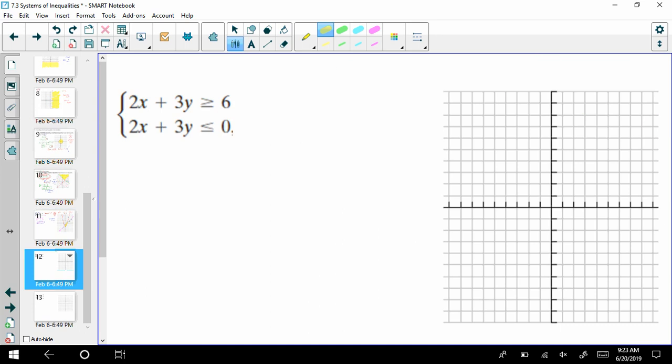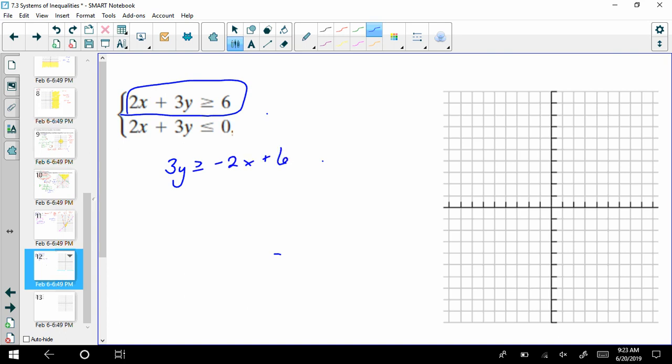Okay, let's look at this one. These are both lines because they are both linear. Highest exponent is 1. So these should go pretty quick. I'll do this first guy up here in blue. Let's get y alone. So I would have to subtract 2x over and then divide everything by 3.